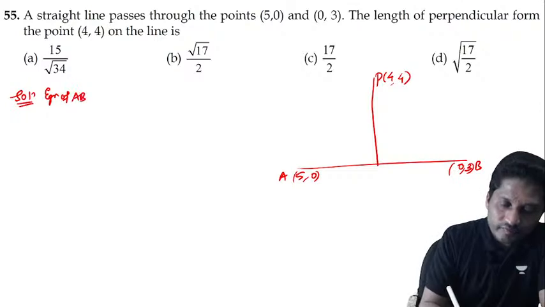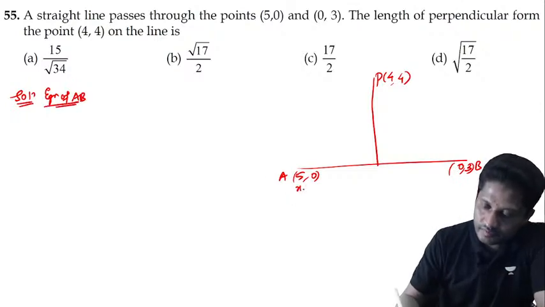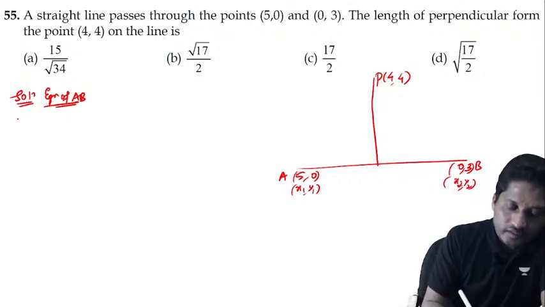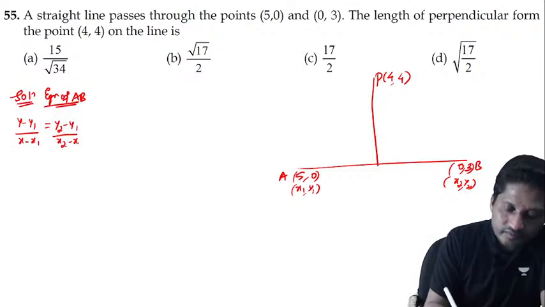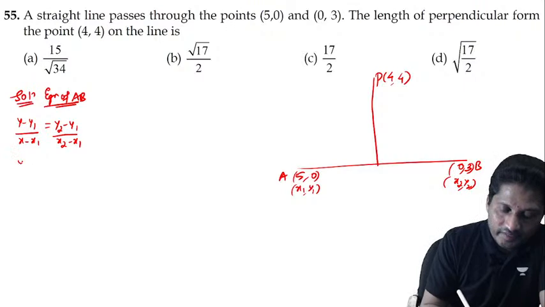If I use the two-point form, this is x1, y1, this is x2, y2. Equation of the line is (y minus y1) divided by (x minus x1) is equal to (y2 minus y1) upon (x2 minus x1).